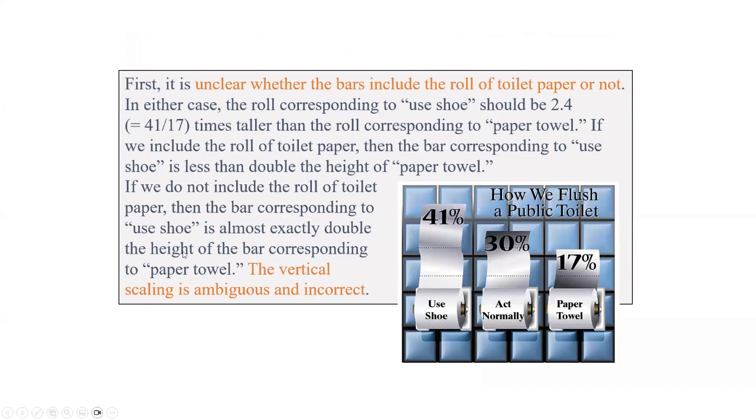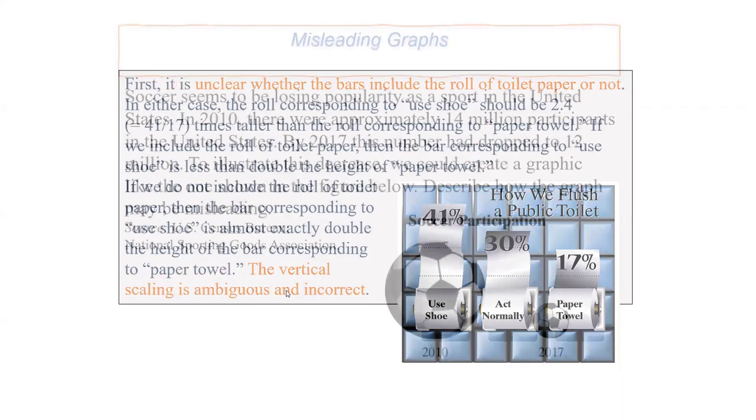Now if we're going to do this accurately, then we would have to begin in such a way that 17% means the same thing from here to here as it does from here to here. And the issue comes up when we get to the 41%. So not the best graph, kind of a cute idea, not the best graph. We have to fix the vertical scaling.